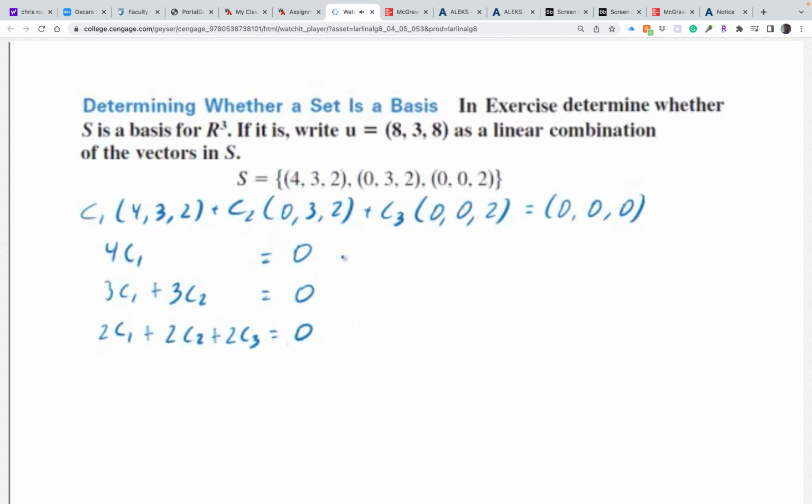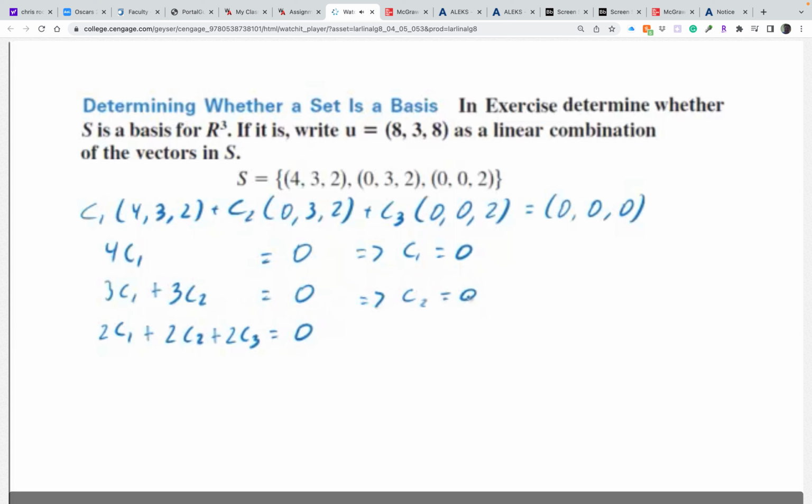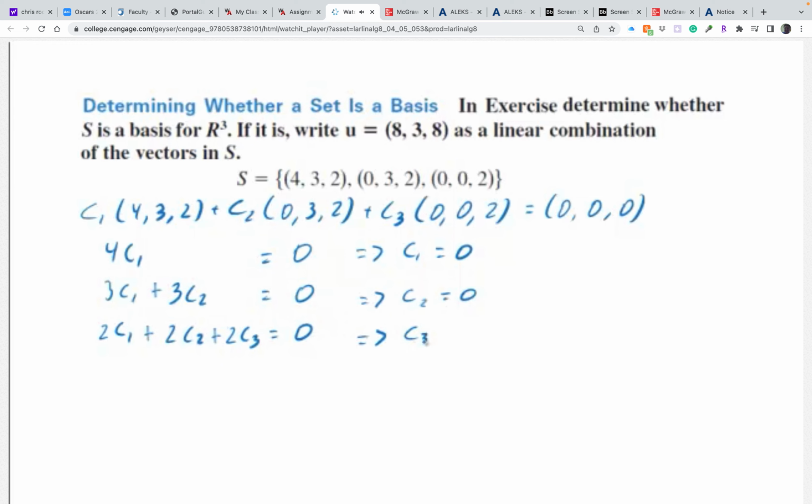So going through this, if we look at the first equation, this implies that C1 has to be equal to 0. Plugging this into the second equation, this implies that C2 has to be equal to 0. And plugging both C1 and C2 into the third equation, this implies that C3 has to be equal to 0. Since the only solution is the trivial solution, S is a basis for R3.